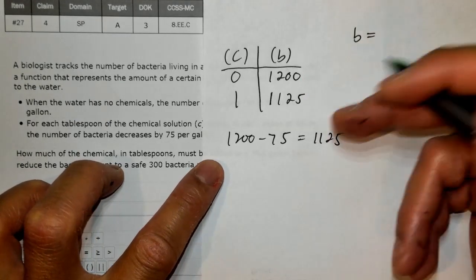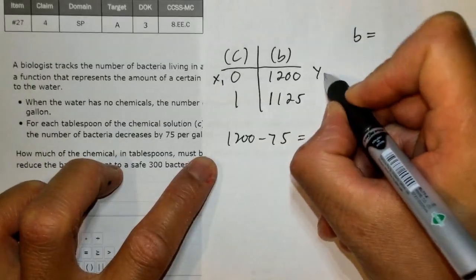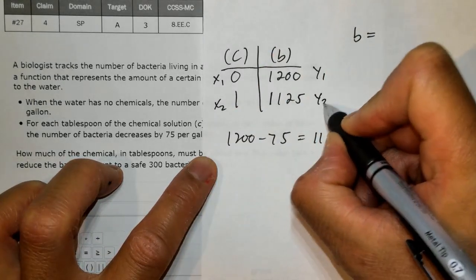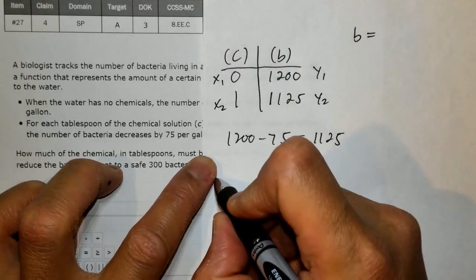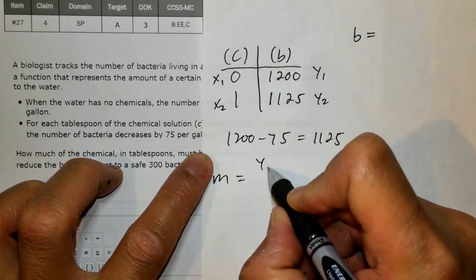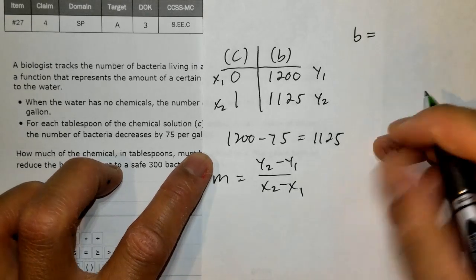So this will be (x1, y1), (x2, y2). So m is equal to y2 minus y1 over x2 minus x1.